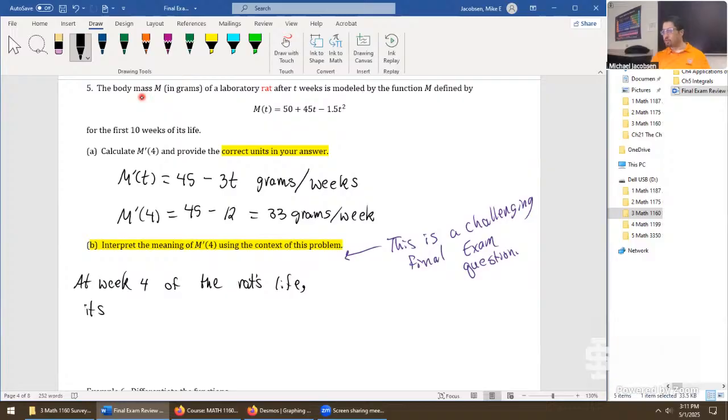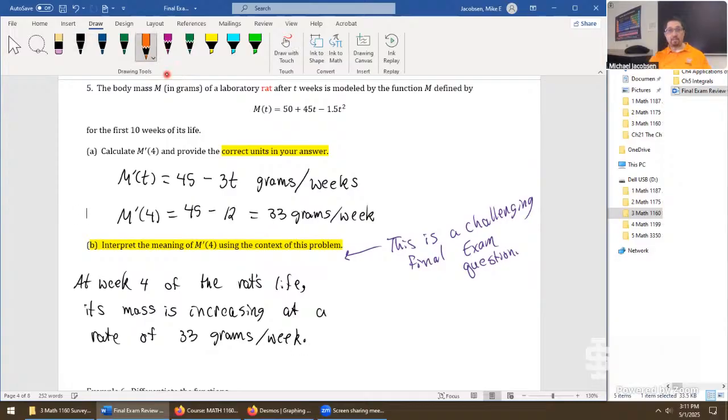I'll just say mass for short. Its mass is increasing because of the positive quantity here at a rate of 33 grams per week.